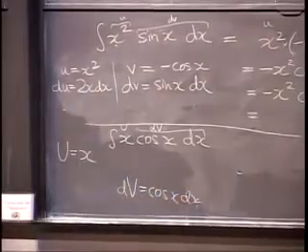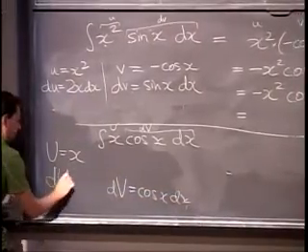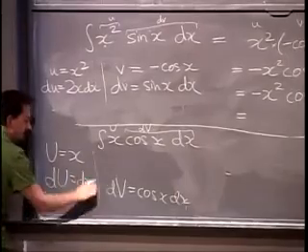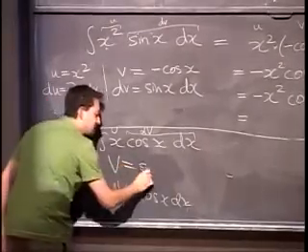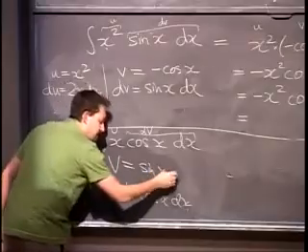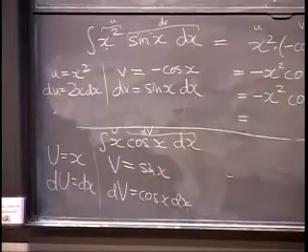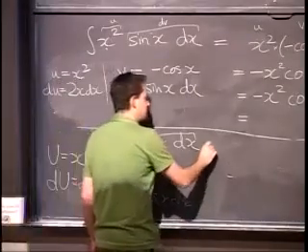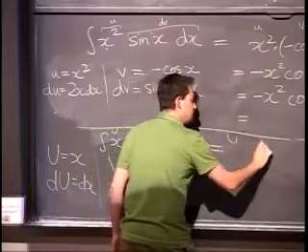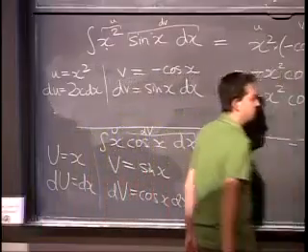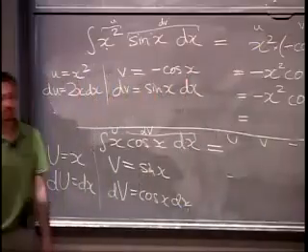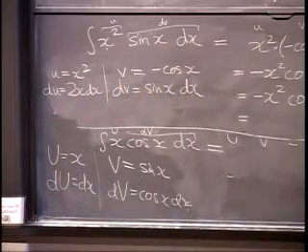And I'm more or less going to repeat the dose. dU is just dx, and capital V is the integral of cosine x, which is now plus sine x. And I don't need the constant. So I use the integration by parts formula: big U, big V, minus integral of big V, d big U. Of course, there's nothing special about U and V. You can call it A and B if you like.